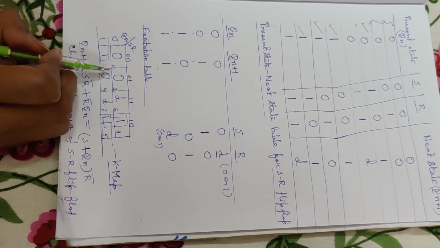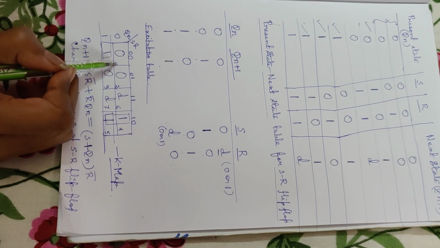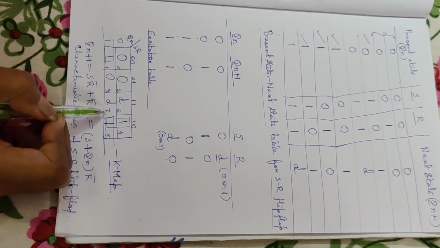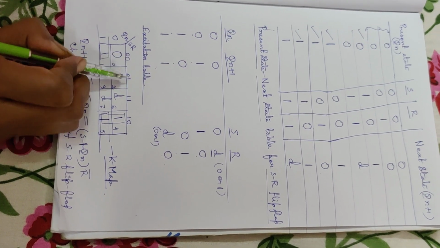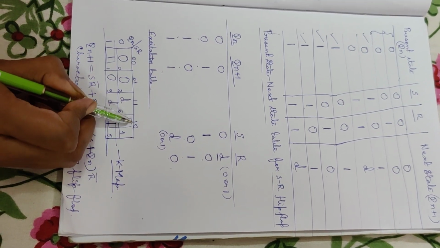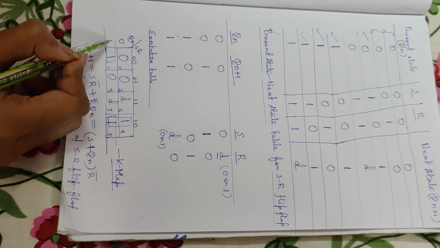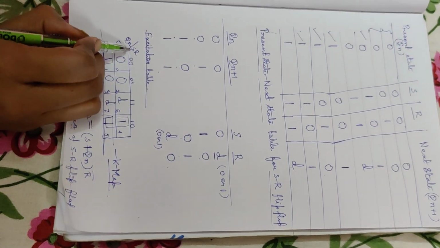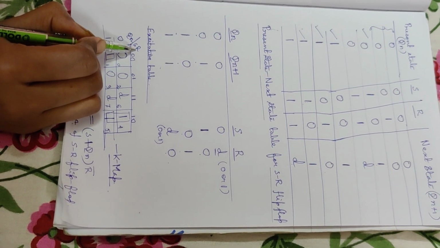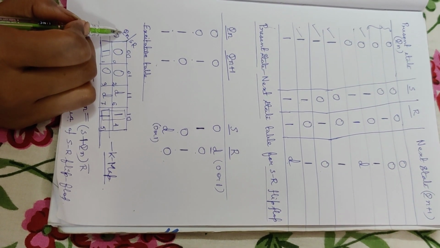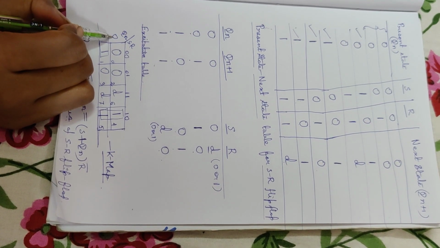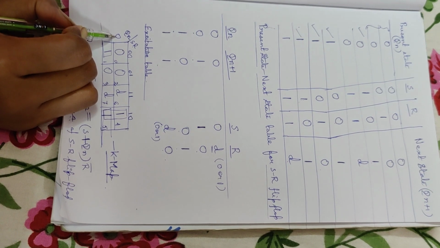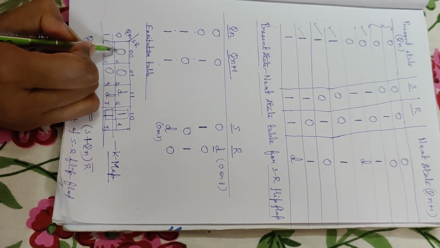So coming to the Karnaugh map, 0, 1, 2, 3, 4, 5, 6, 7. Again this is 00, 01, 11, 10, this is 0, this is 1. Now when S and R both are 0 and the present state output value is 0, then what will be its next state output value? It will continue to remain in its previous state. So next state output value will be 0 here.